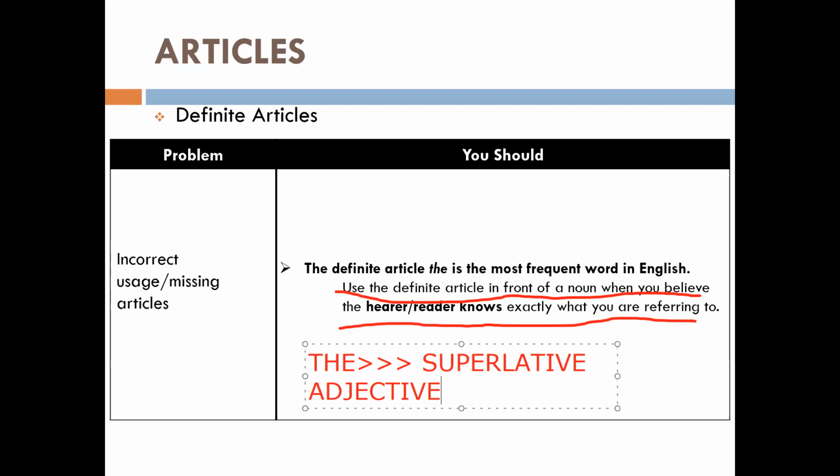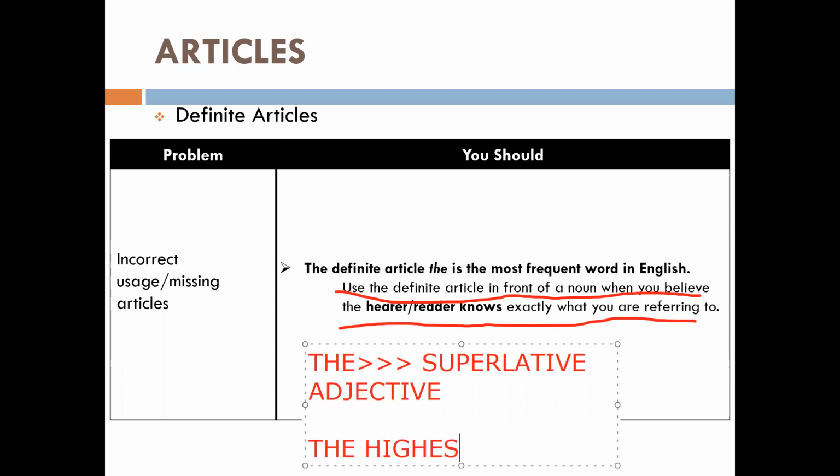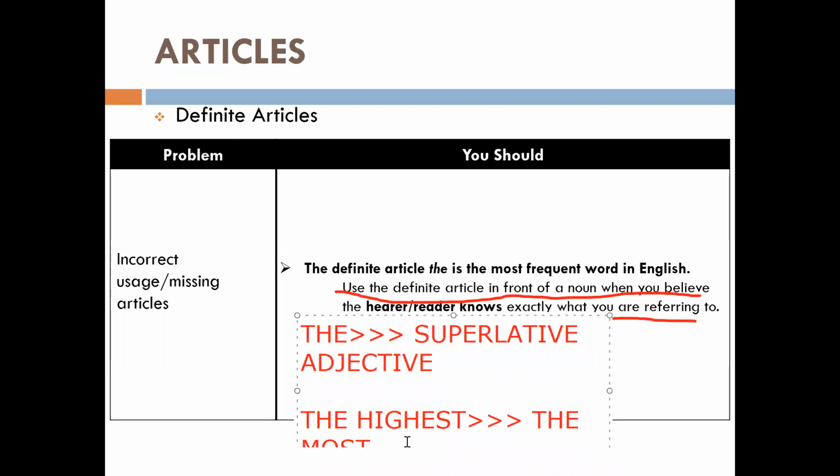Kaya kayong mga academic nagagawa ng mga line graph, bar graph, pie chart at table, and you are going to mention that this is the highest, the greatest figure, the least percentage, the most number of applicants, the highest, the most. Basta nagtatapos sa EST, nagtatapos sa ST, the. Lagi siyang may the.